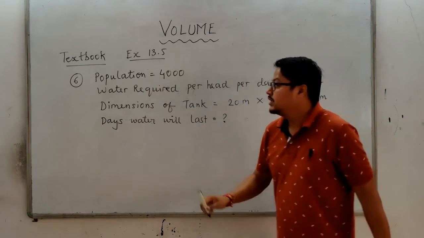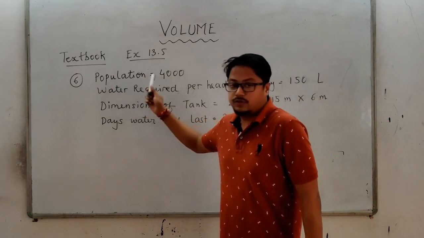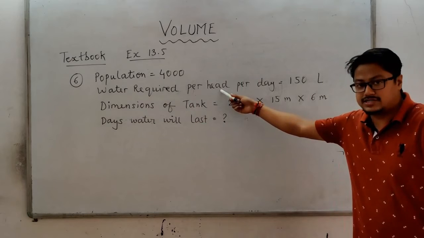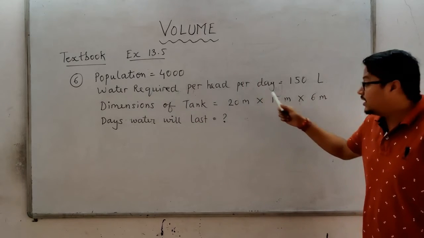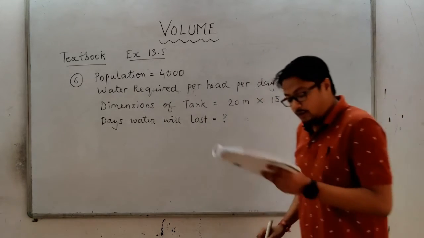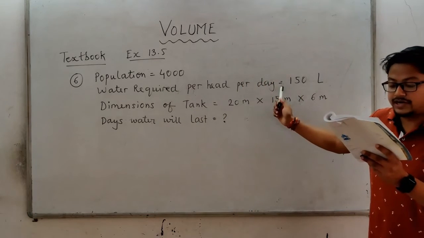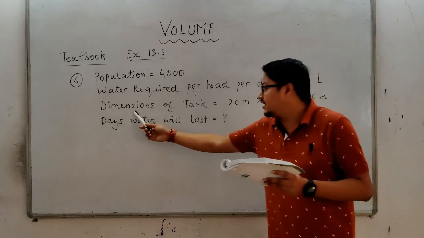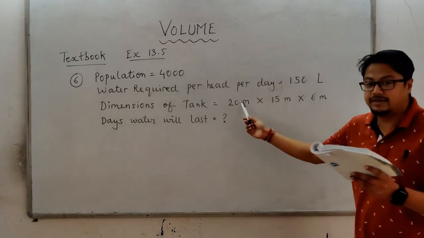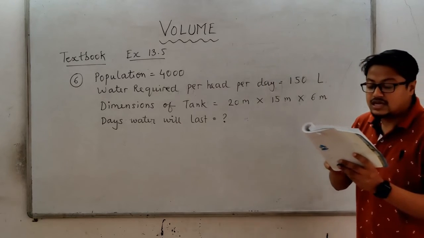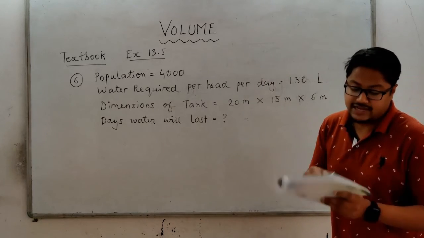I would like to repeat, there is a village whose entire population is 4,000 and the water requirement for a single person, that is per head, per day is 150 liters. It has a tank whose dimensions are 20 meters into 15 meters into 6 meters. Now the question is, how many days will the water of this tank last?